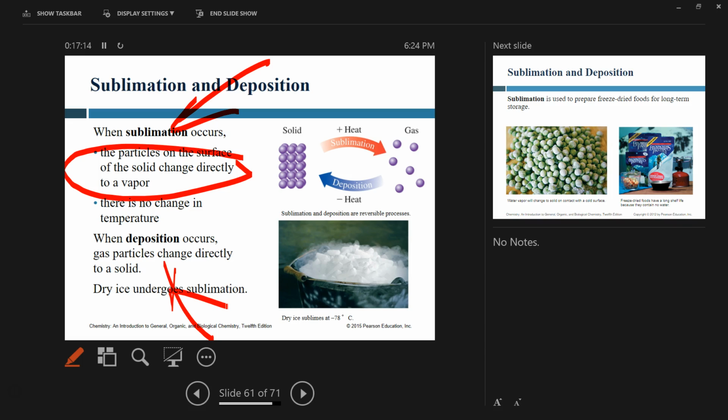It goes through sublimation and becomes gas, okay? As it becomes gas, it's still very, very cold, so it forms a lot of fog. And if you be careful, but buy some dry ice, come home, throw it in the toilet.